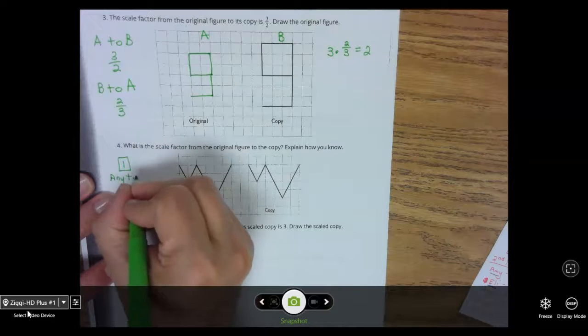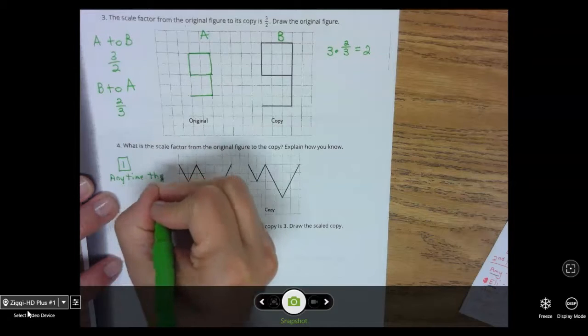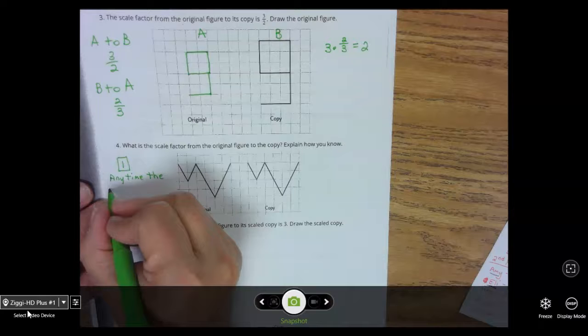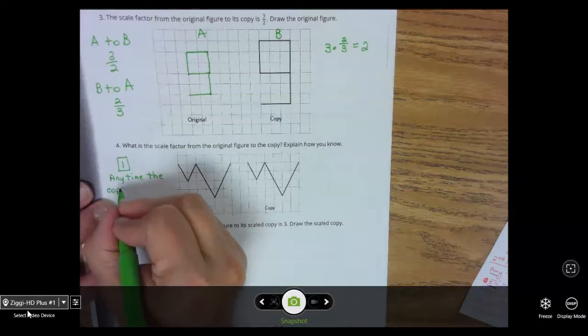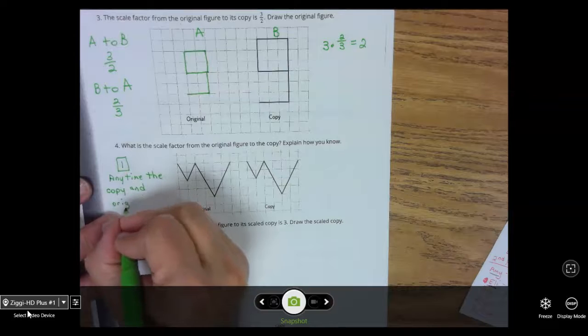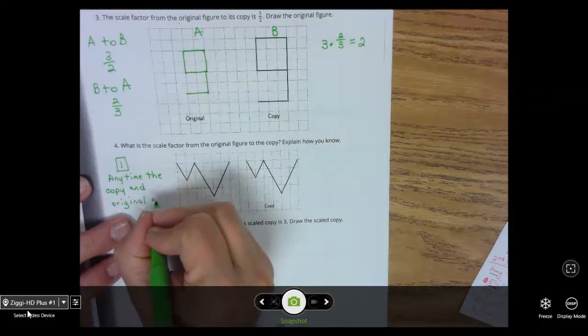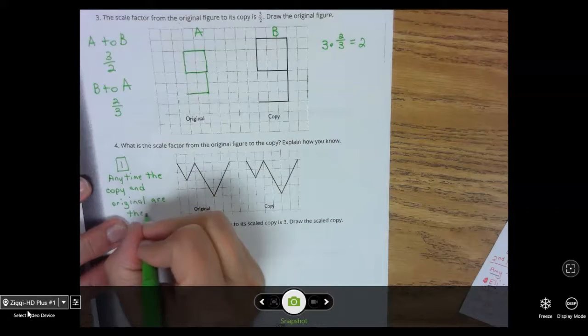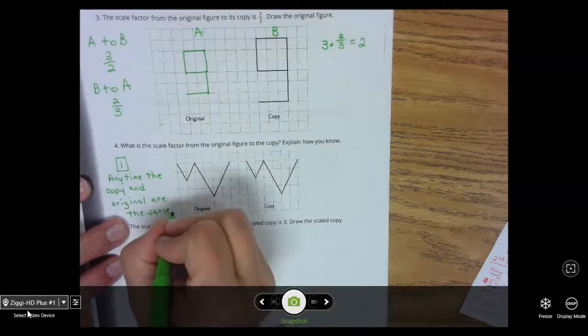Anytime the copy and original are the same, then you'll have a scale factor of 1.